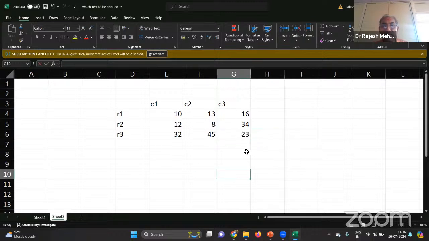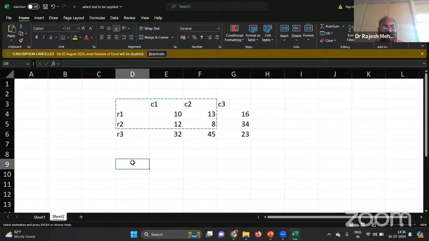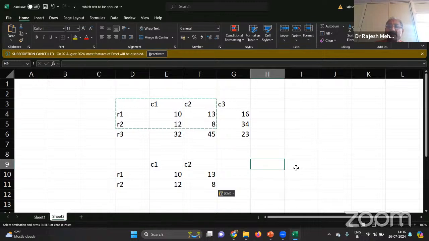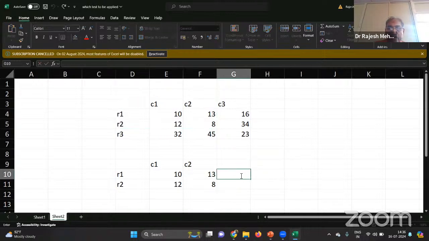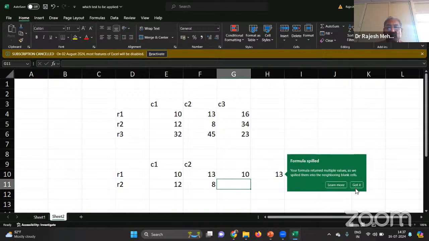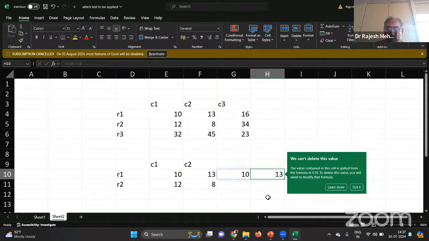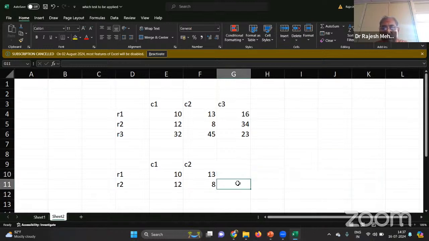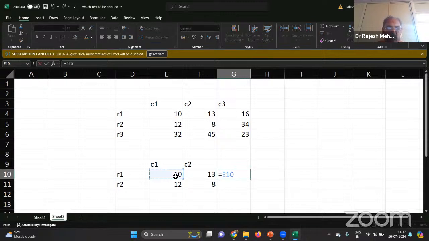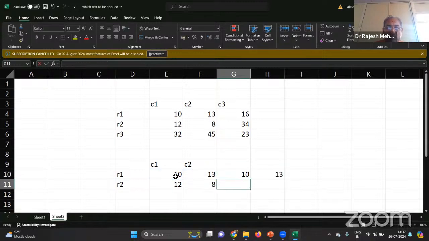In this case, degree of freedom means, if you have only this much data, suppose this is your data, then you can have the total like this, and you will have a total here also.